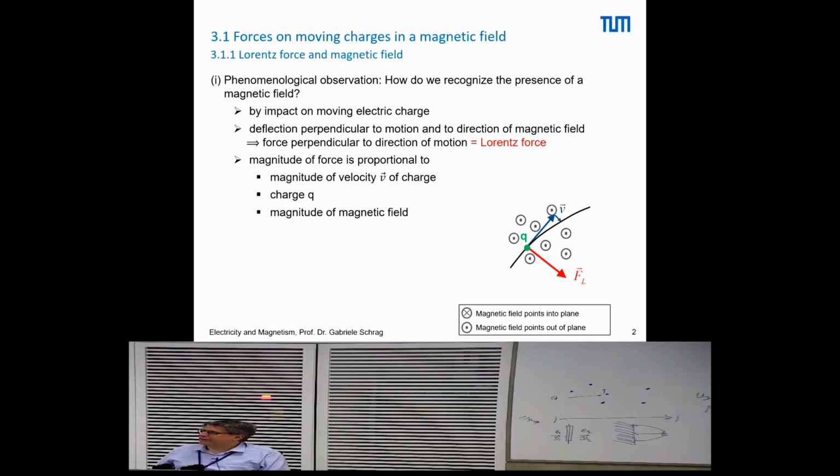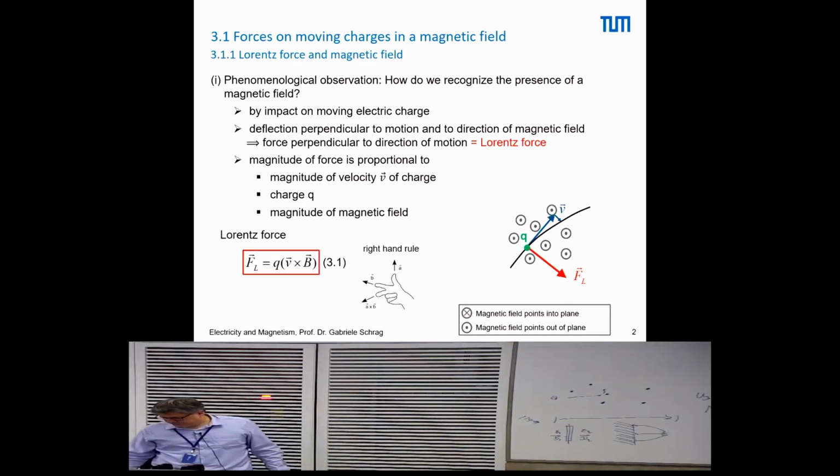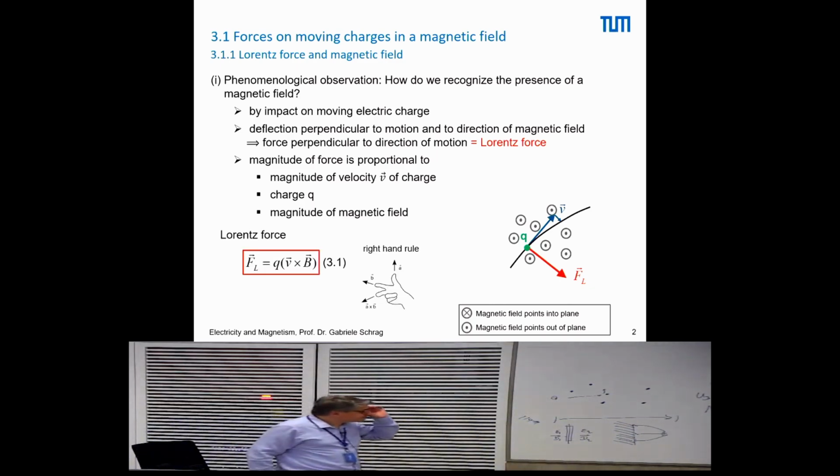So we have a force perpendicular to the direction, and this force is called the Lorentz force. You have that plotted here, and let me give you also the formula along with it. Here you have this Lorentz force, which is denoted with F sub L.